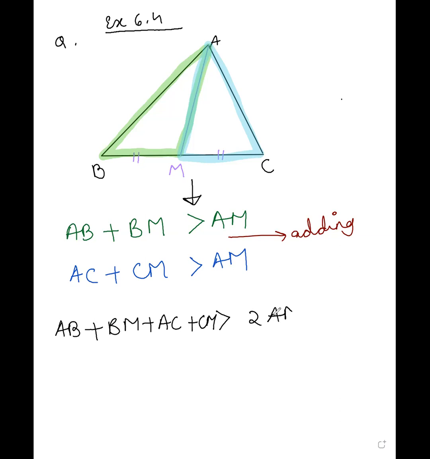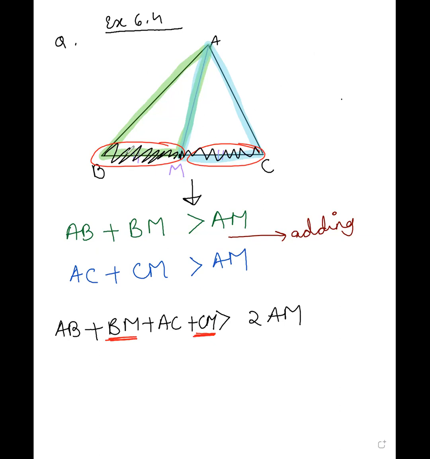Now, Hiba, just tell me what is BM plus CM. M is a point. BM is a length, this entire length, and CM is this entire length.